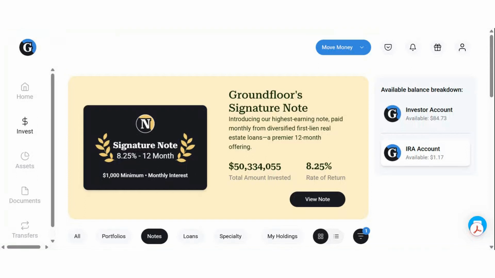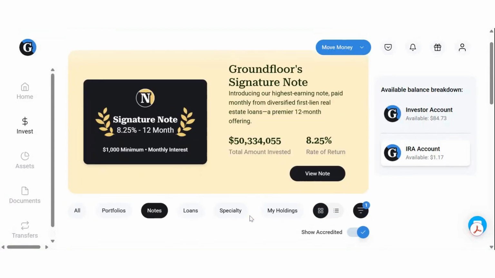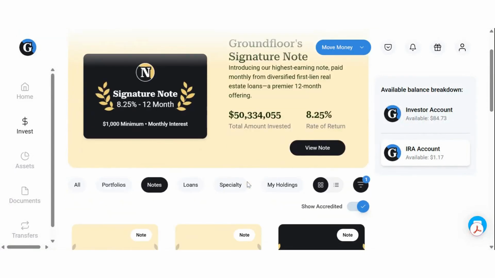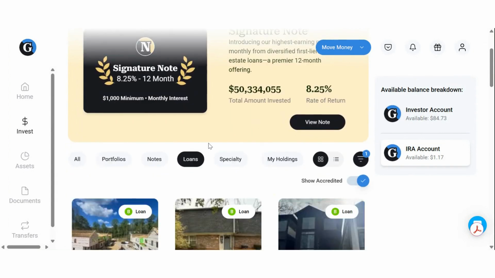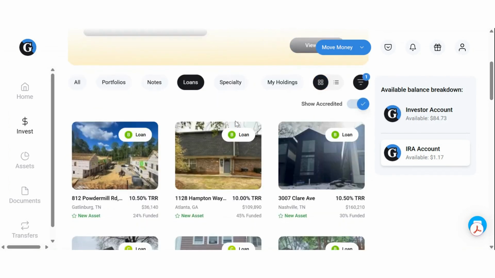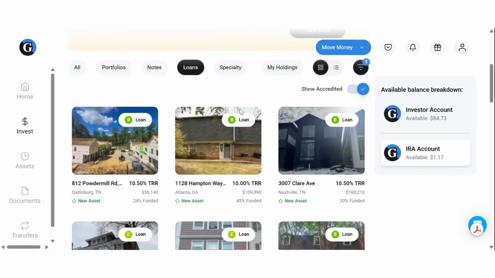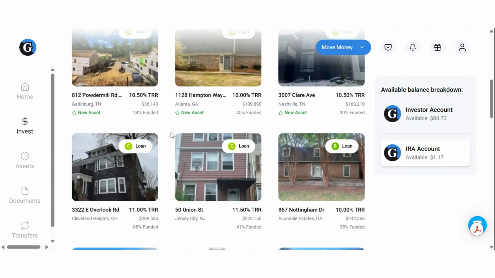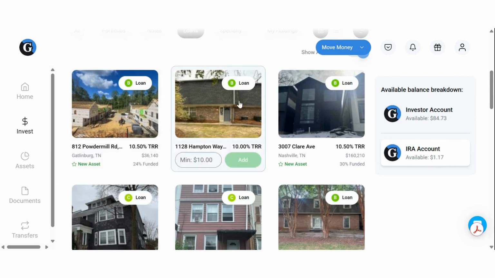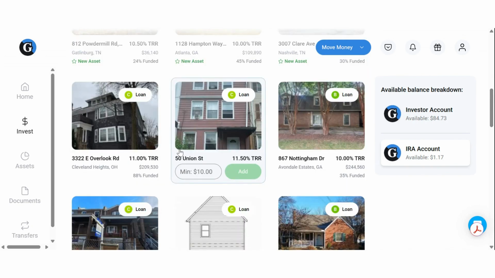Okay, so I've logged into my account, and let's start looking at what we could actually invest in. Like I said, first, I'm going to filter to look at really specific, individual loans on individual properties, because that is how they started. You can see there's a bunch of different mostly single family properties located all over the United States. You'll see a grade also, like B, B, B, here's some C's.